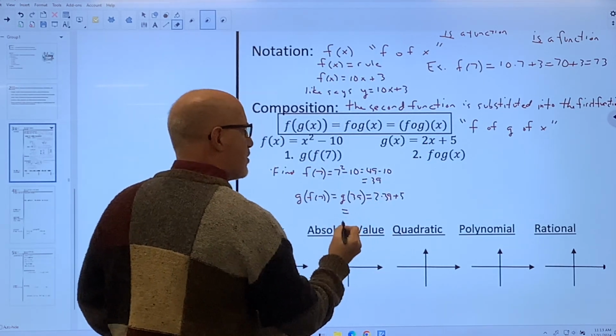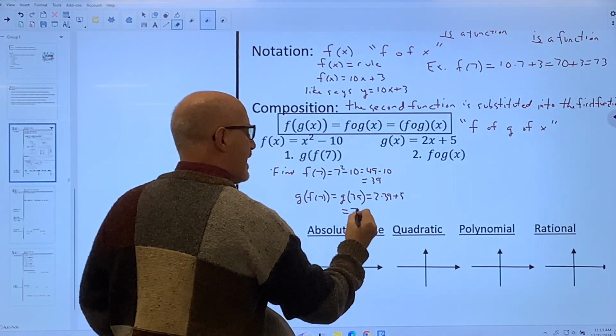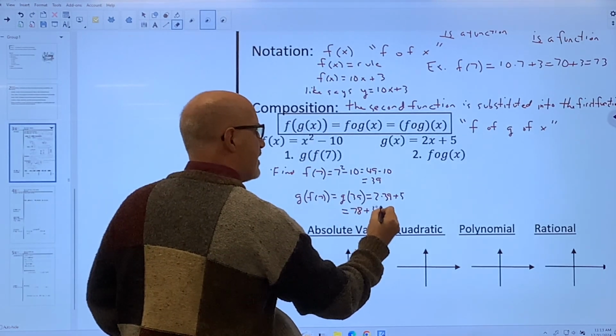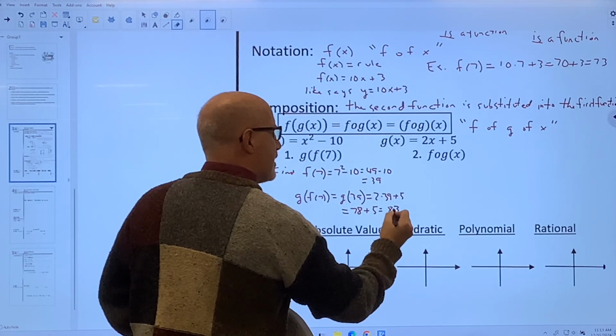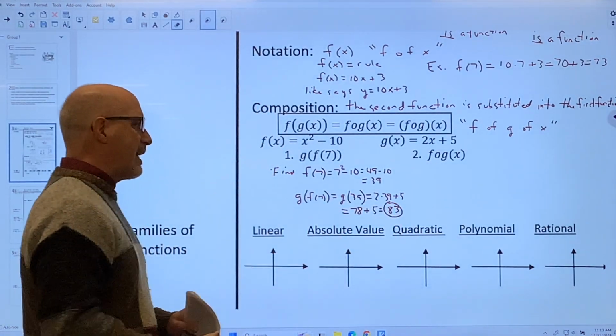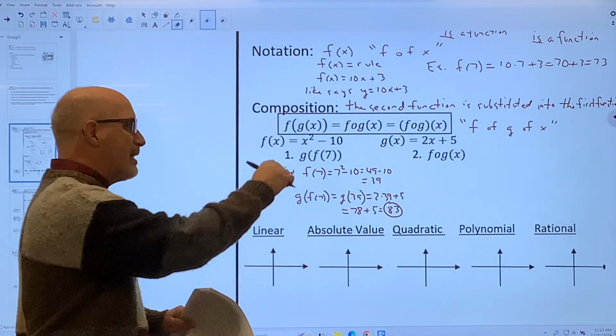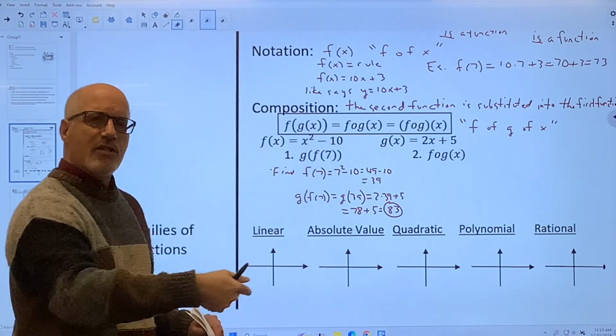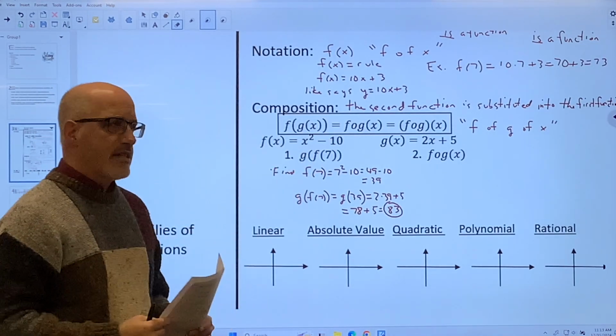So 2 times 39 is equal to 78, plus 5 is equal to 83. So that's what the answer to that example would be. Do the inside part first, substitute it into the first function listed there.